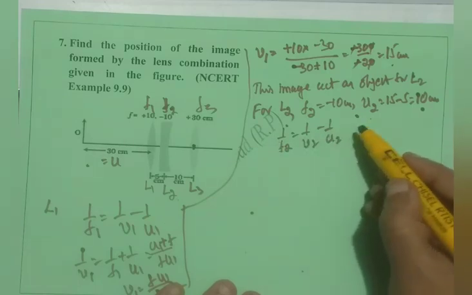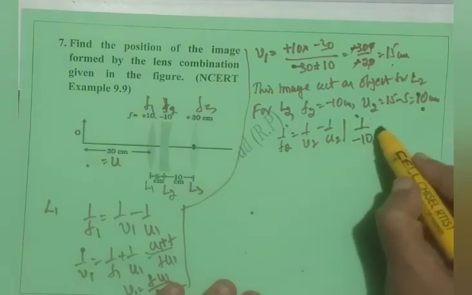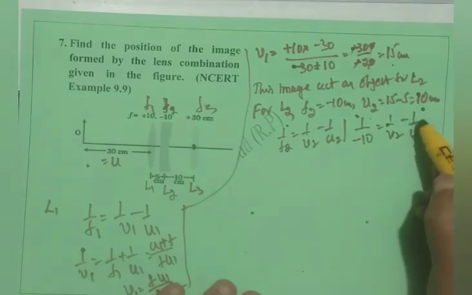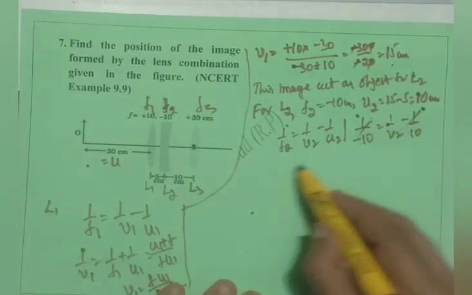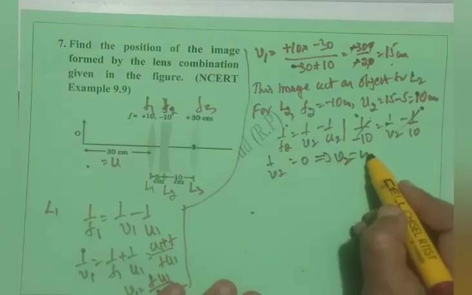We can get v2 as infinity: 1 by v2 minus 1 by 10, so these two cancel. 1 by v2 is 0, which implies v2 is infinity.